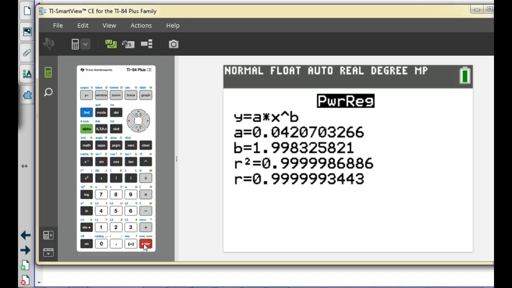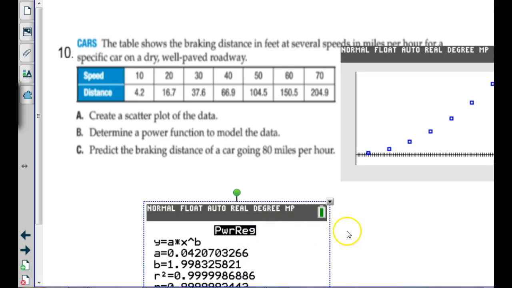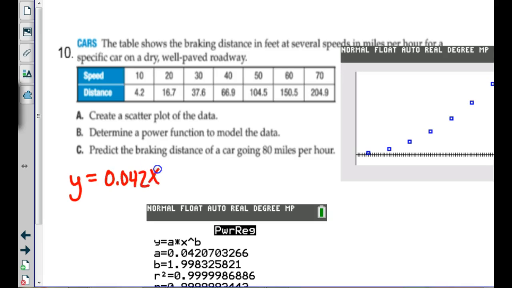Okay? I don't care about the regression stuff, but you have to write down the equation. So you would write down to the nearest thousandth, it says on the quiz, 0.042, my bad, 0.042 times x to the power of 1.998.